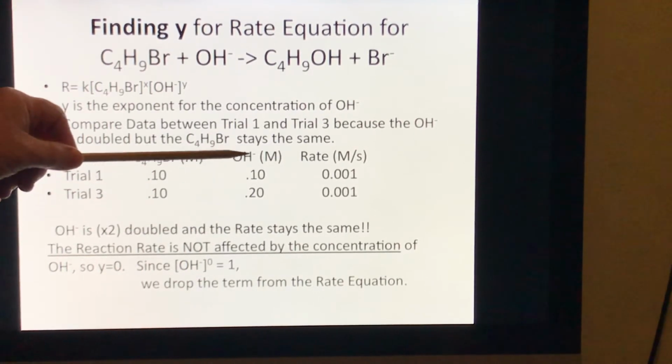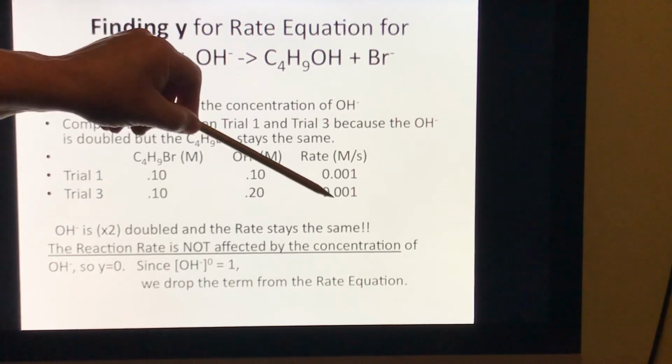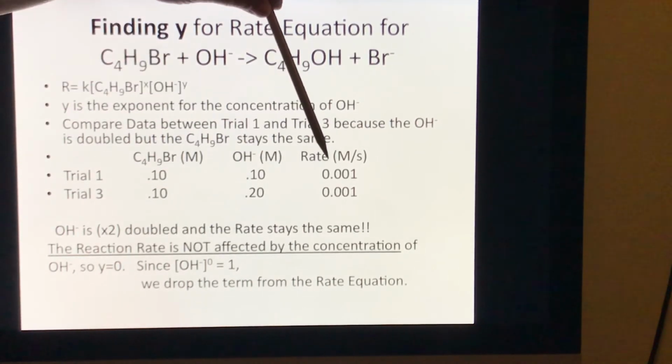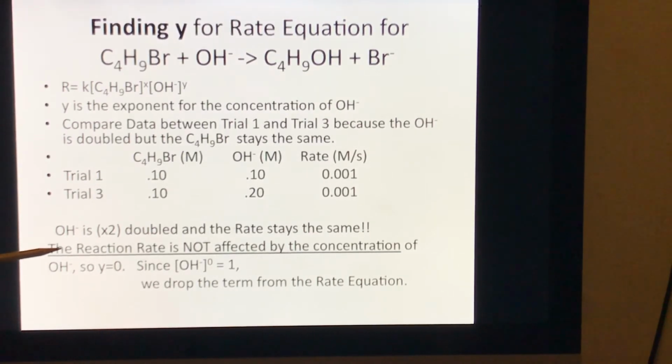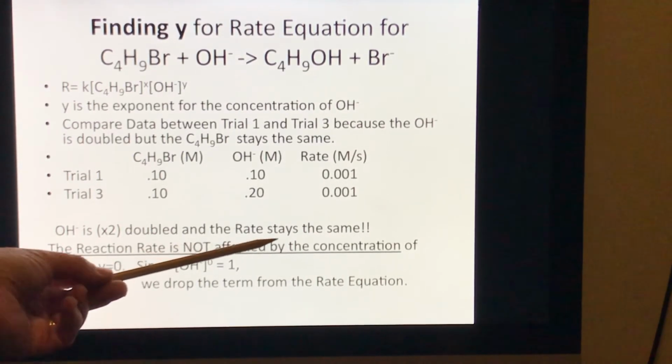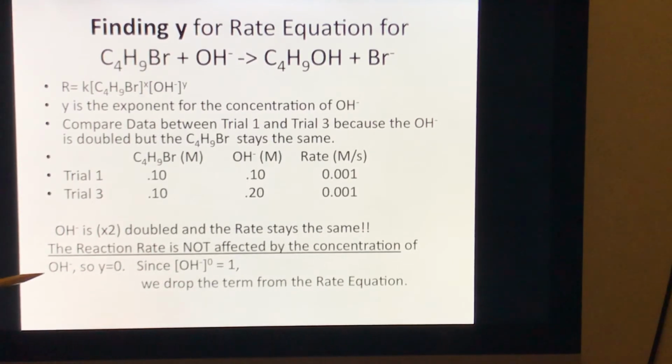So we're comparing this column to this one, and we see here that the rate stays the same. In other words, the reaction rate is not affected by the concentration of these hydroxide ions. So in this case, our Y is equal to 0. This is important. This Y would be 0.